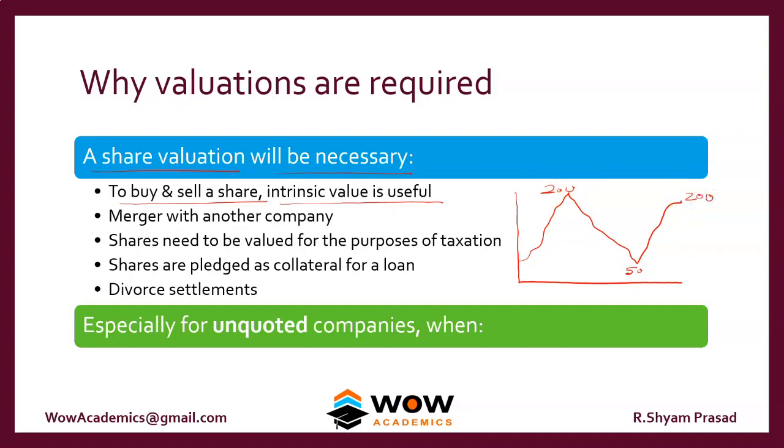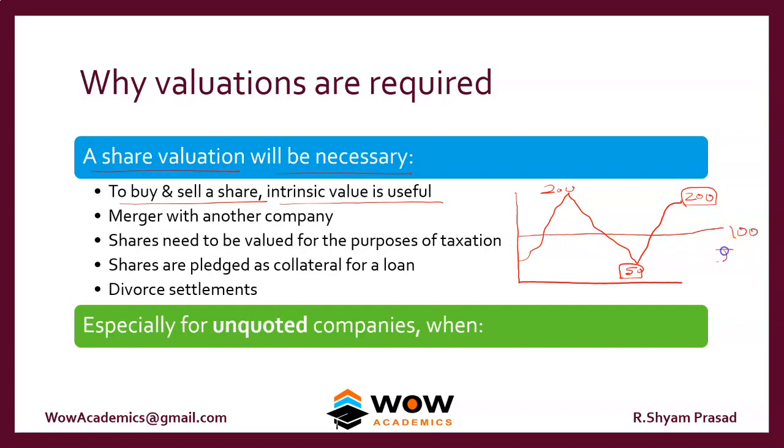So when will you buy and when will you sell? You can't say I will buy the share at 50 and I will sell the share at 200. That does not work, because you have to find out the intrinsic value of the company. Assume that the intrinsic value we have found is 100.